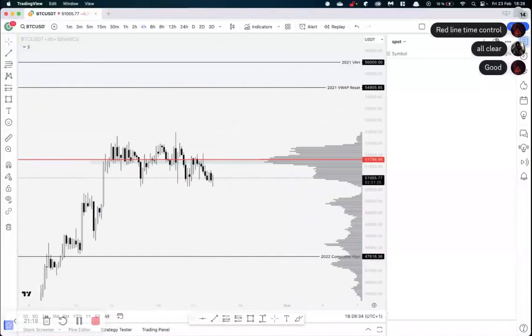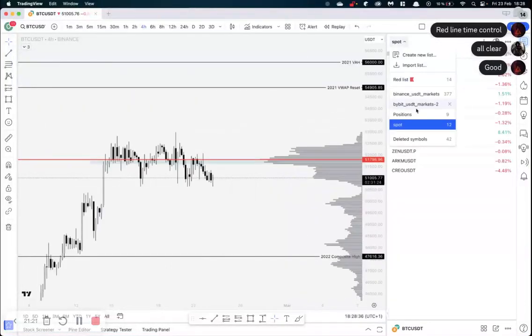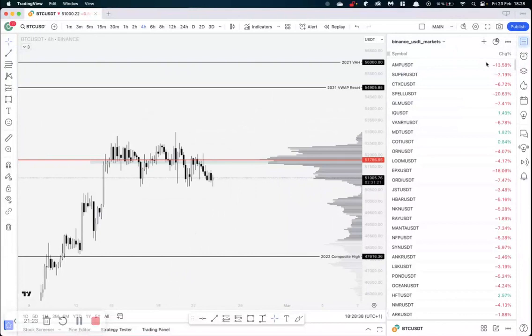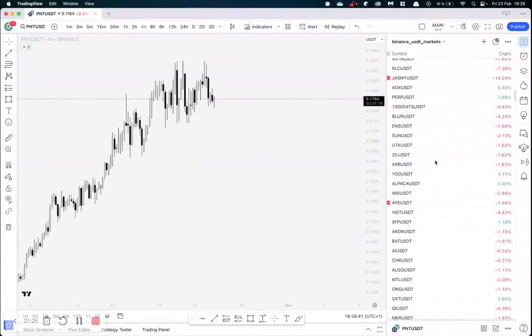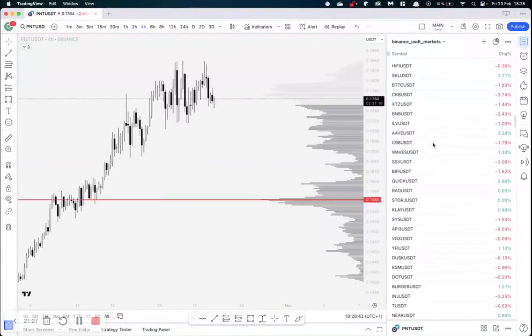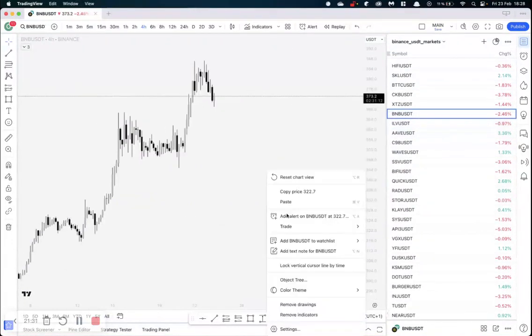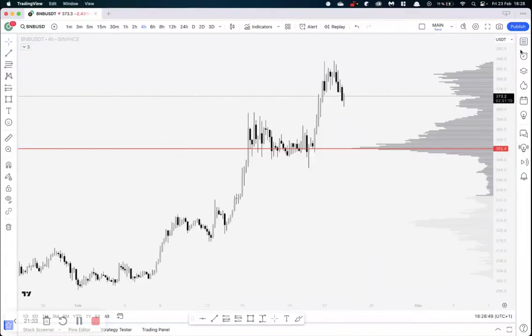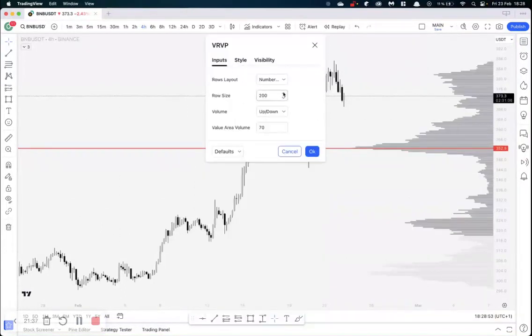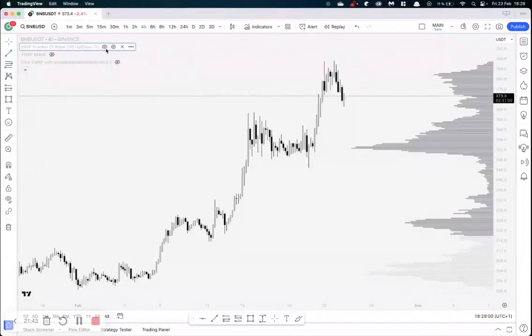So we'll go on the Binance chart and just select a random coin. We'll do BNB. Okay, so first we obviously want to mark out our support resistances, etc. Turn off this for now.